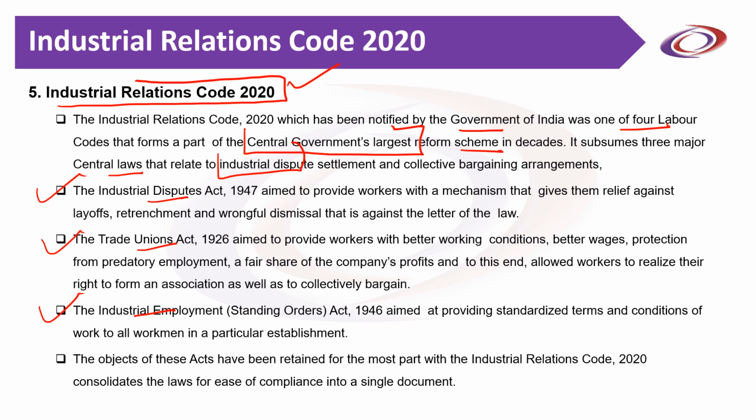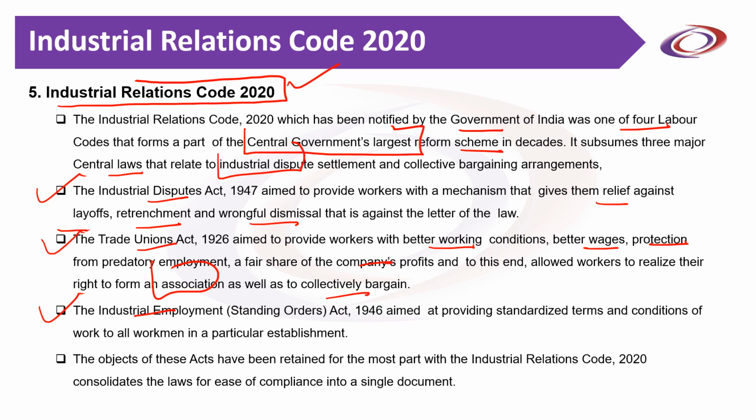The Industrial Disputes Act aims to provide workers with a mechanism for relief against layoffs, retrenchment, and wrongful dismissal. The Trade Unions Act is to provide workers with better working conditions, wages, protection, a fair share of the company's profits, and the right to form an association for collective bargaining.